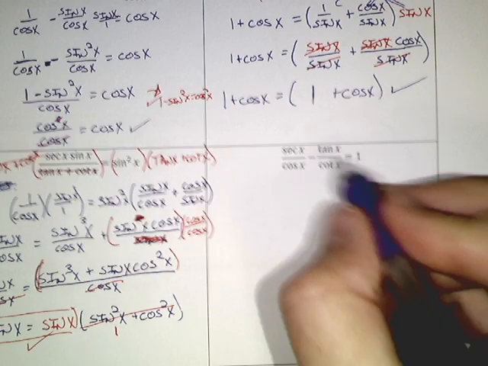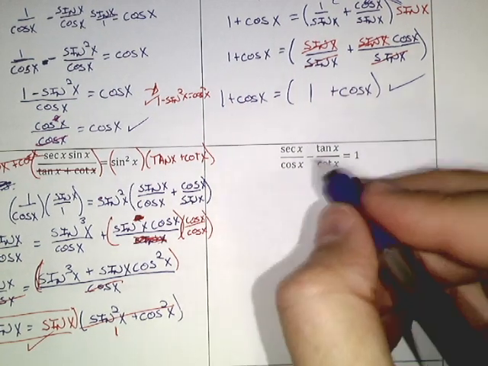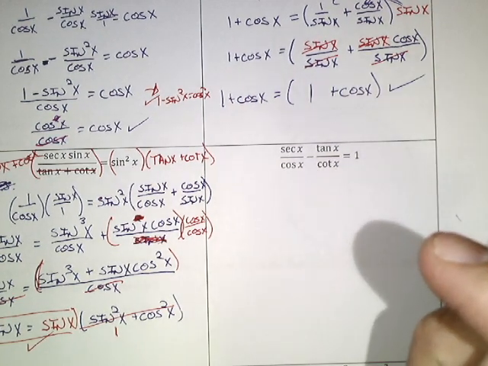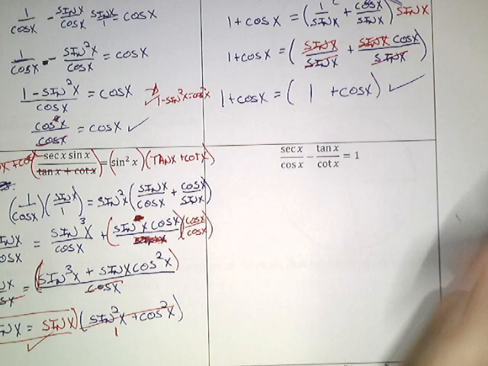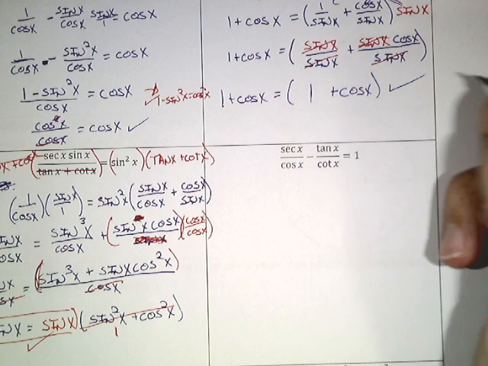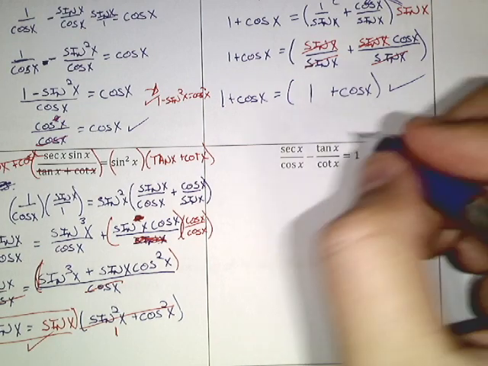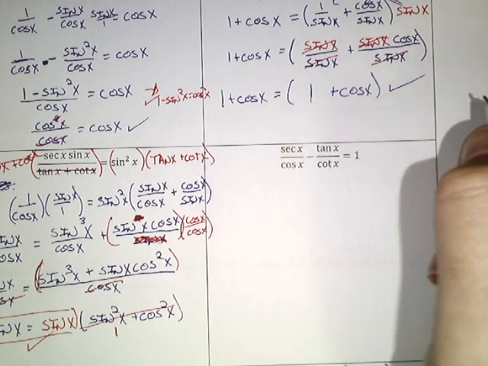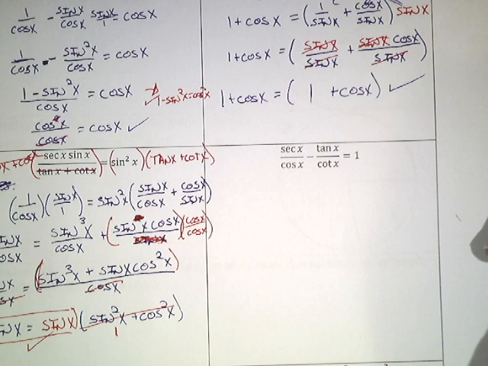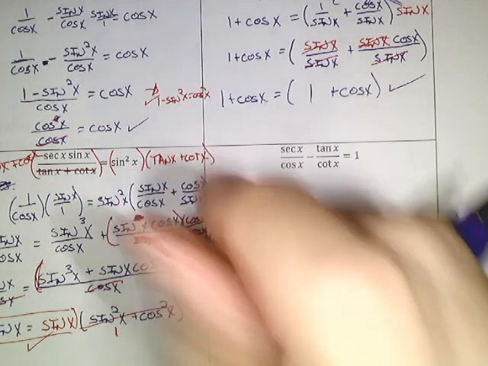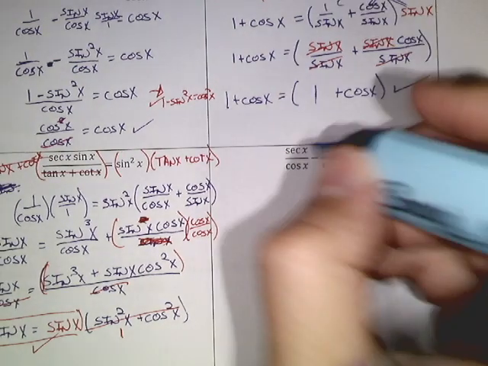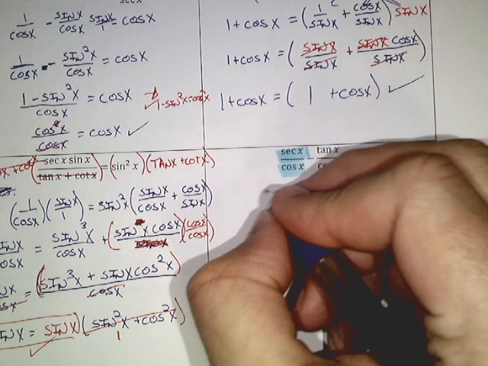Ugh. So looking at this, it's subtraction. They are not common denominators. So we either get common denominators or convert to sine and cosine. Let's try to convert to sine and cosine. So secant is 1 over cosine. So this bit right here, we'll just split those fractions.